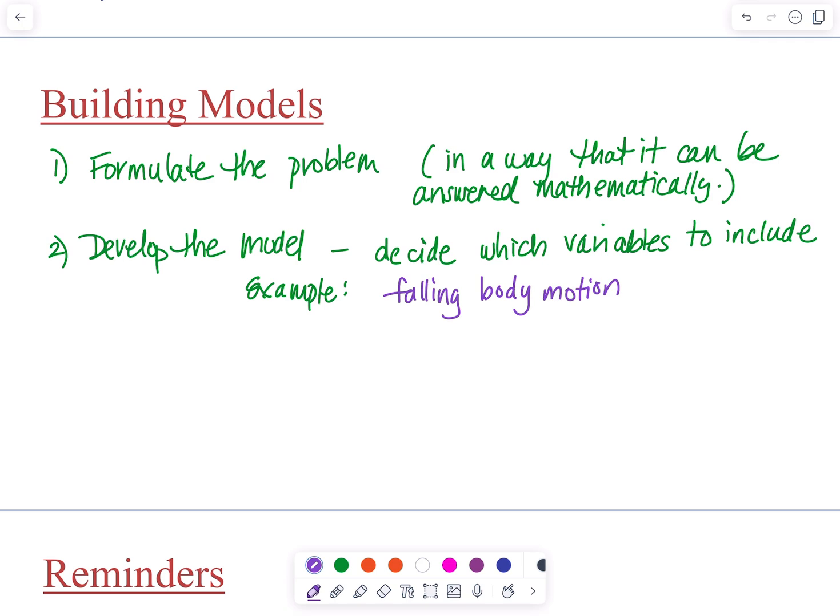So those are possible independent variables.